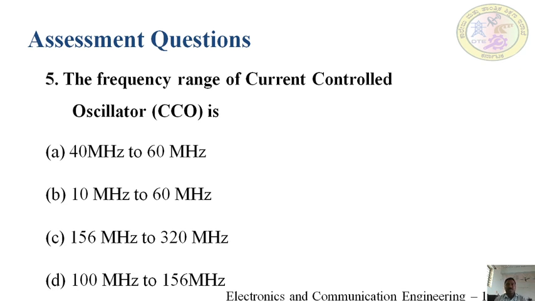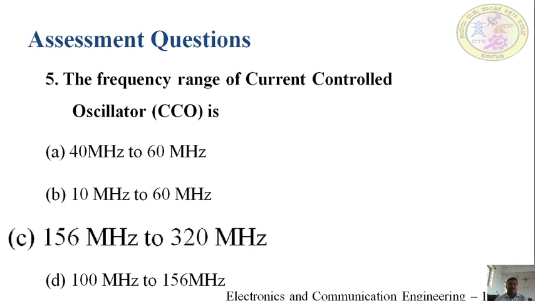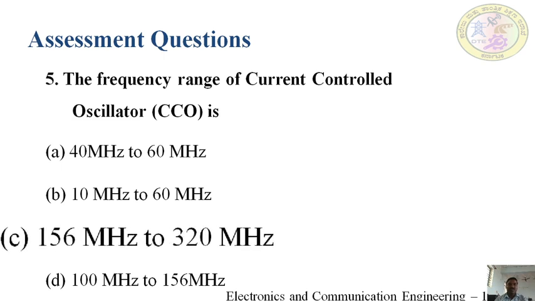So depending upon the phase difference, the CCO operates in the range of 156 MHz to 320 MHz. But our CCLK or the CPU clock is in the range of 10 to 60 MHz. So in order to keep the CCO in this operating range, we will have to divide this using P. So the CCO range is 156 MHz to 320 MHz.